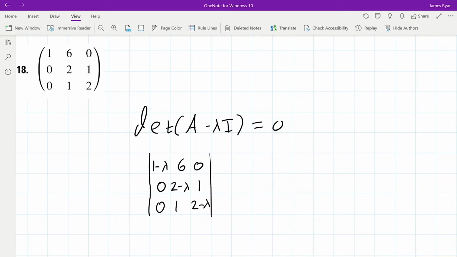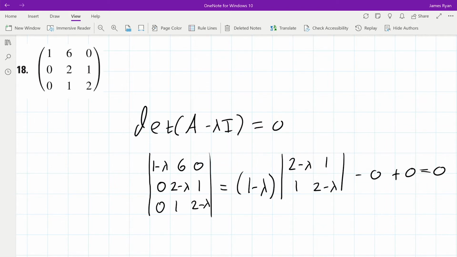And so doing cofactor expansion along the first column, this will be 1 minus lambda times the determinant of 2 minus lambda, 1, 1, 2 minus lambda, minus 0 plus 0.